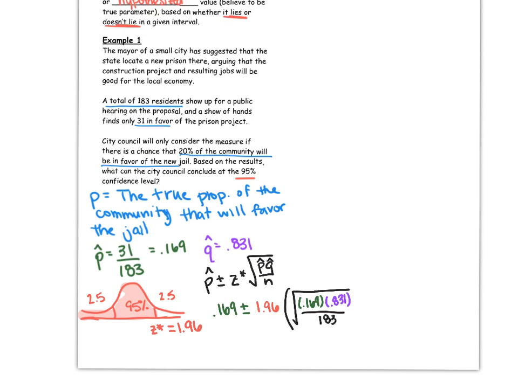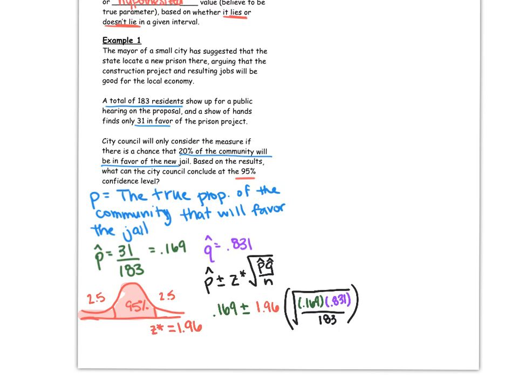N is 183. Once we have it all plugged in, we go to our calculators. You don't have to do any other math with this. Let your calculator do the rest of the work. Go to your calculators and do the test that I showed you yesterday. Stat, test, and what letter is it? A, one proportion Z interval.